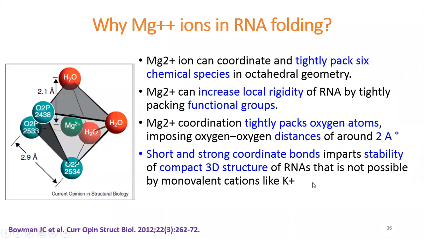Such short and strong coordinate bonds will impart stability to the compact 3D structure of RNA, which is usually not possible with a monovalent cation like K plus ion. So that is why there must be Mg dipositive ion, so that RNA can get its final folding and assembly.